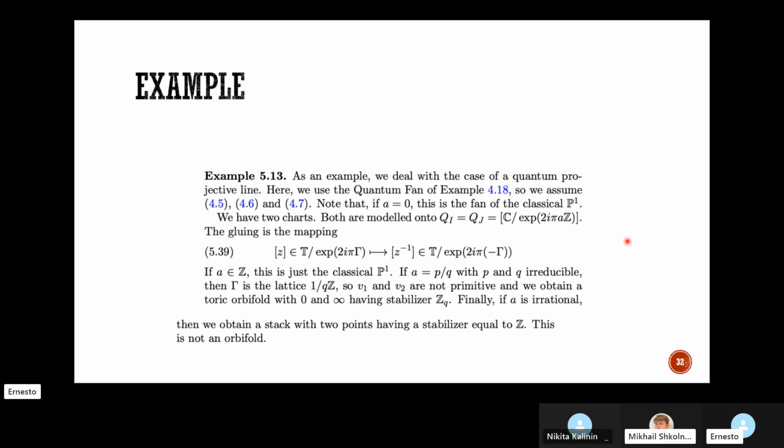In all tropical pictures, you always lived in a lattice. You have tropical Pn, TPn, and there was always a lattice there, an integral affine structure, right? Yes. But now it's about quantum lattices.